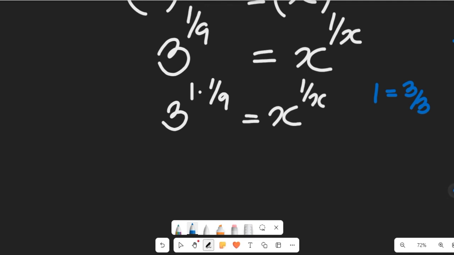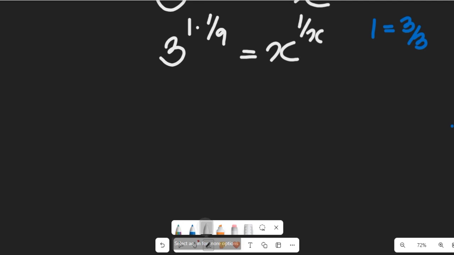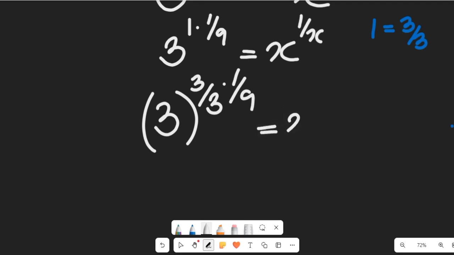So if I replace that 1 with 3 divided by 3, I've not changed anything. So that will give me 3 to the power of 3 divided by 3 multiplying 1 divided by 9. I did not change anything, and this will be equal to x to the power of 1 divided by x.